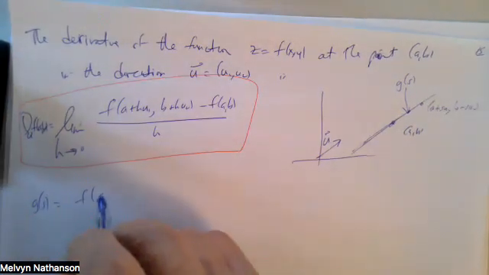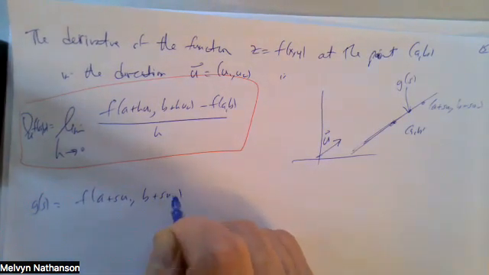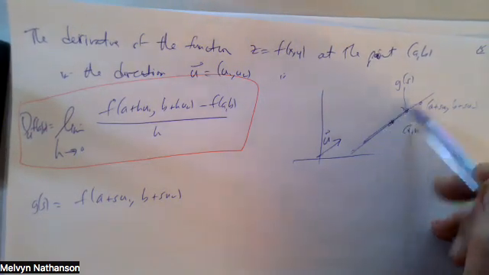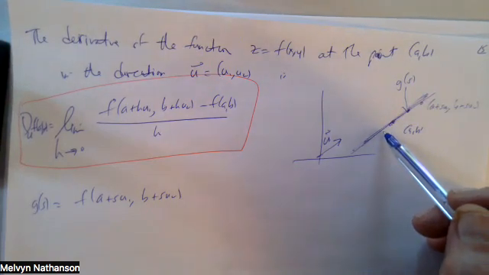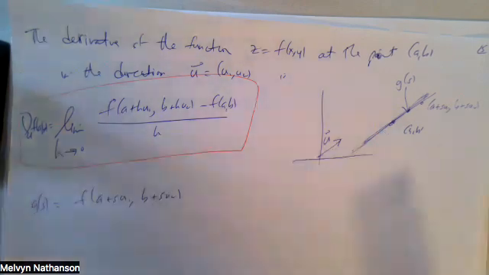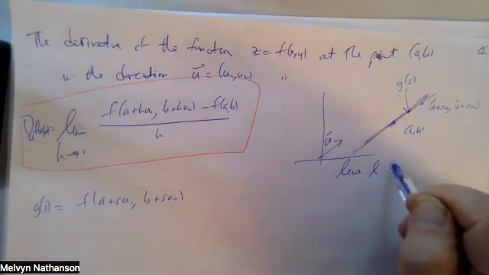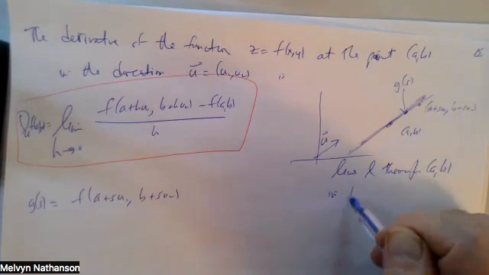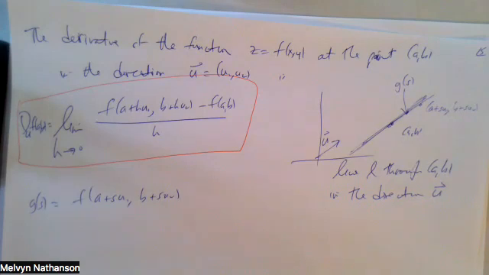G of s is f of (a plus s u1, b plus s u2). So when s is 0, you're at the point (a, b), and as s varies, you're moving along this line in the positive or negative direction. So this describes the value of the function along this line L. This is the line through the point (a, b) in the direction of the vector u.